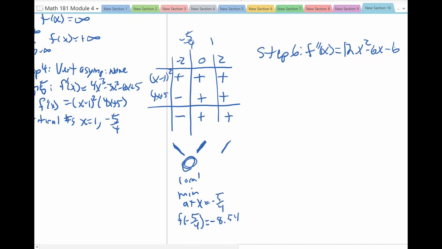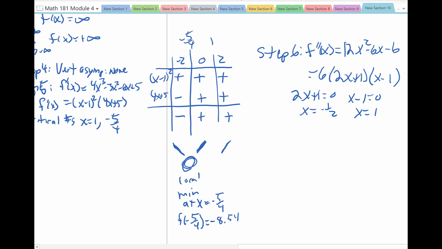And I spent the time factoring this. It comes out to be 6 times 2x plus 1 times x minus 1. So 2x plus 1 equals 0, so x equals -1/2. X minus 1 equals 0, so x equals 1.